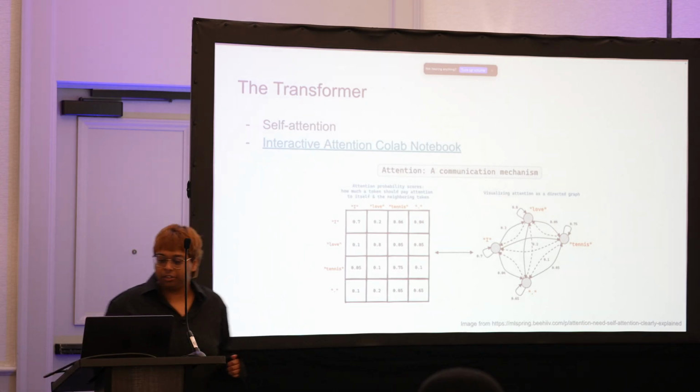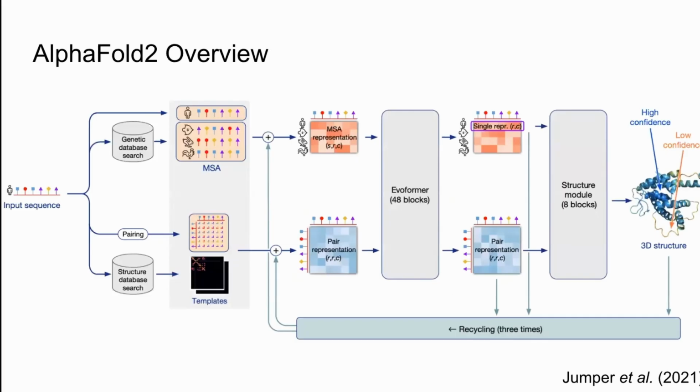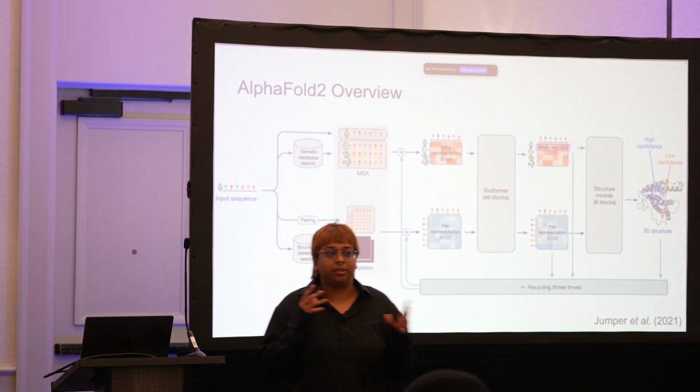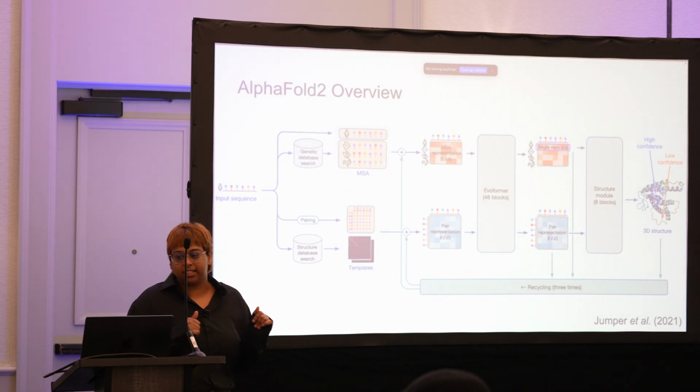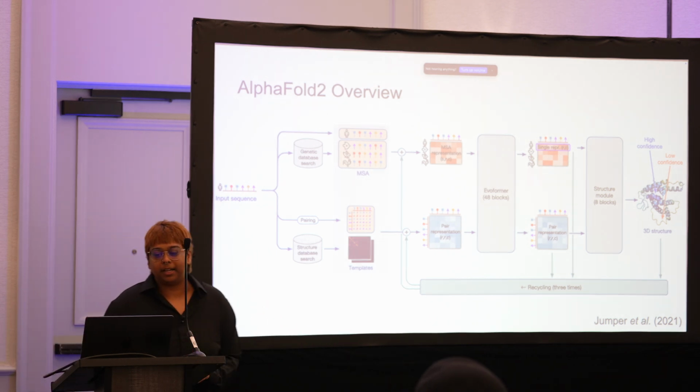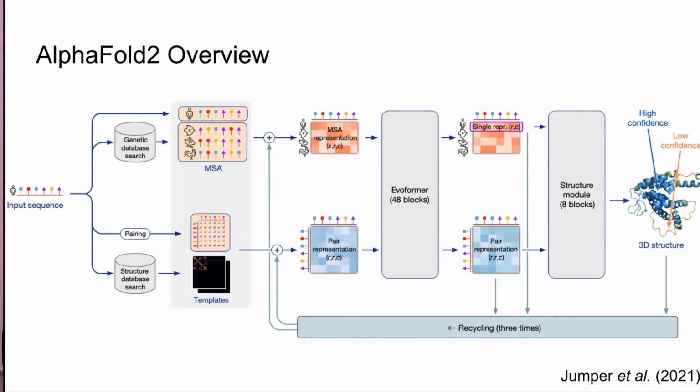I'm going to jump into AlphaFold and how the transformer is the basic building block of AlphaFold. Like I talked about, self-attention is able to capture these complex relationships between different amino acids, and AlphaFold works this into its pipeline. AlphaFold works in three main stages to predict the 3D structure of a protein. The first is this input processing and initial analysis section.